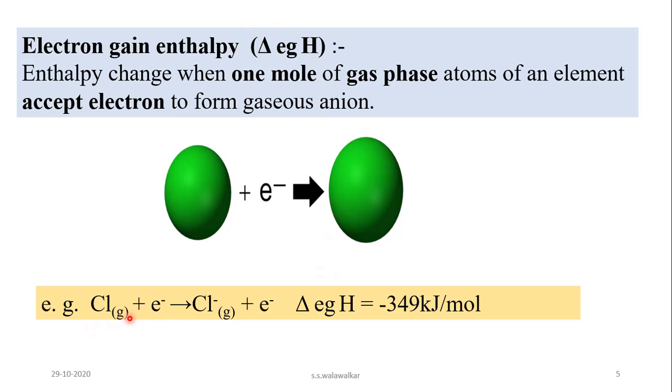When 1 mole of chlorine atom in a gaseous state accepts an electron, how much heat is released? Minus 349 kilojoules. This much heat is released when 1 mole of chloride ion in the gaseous state is formed. That is called the electron gain enthalpy.